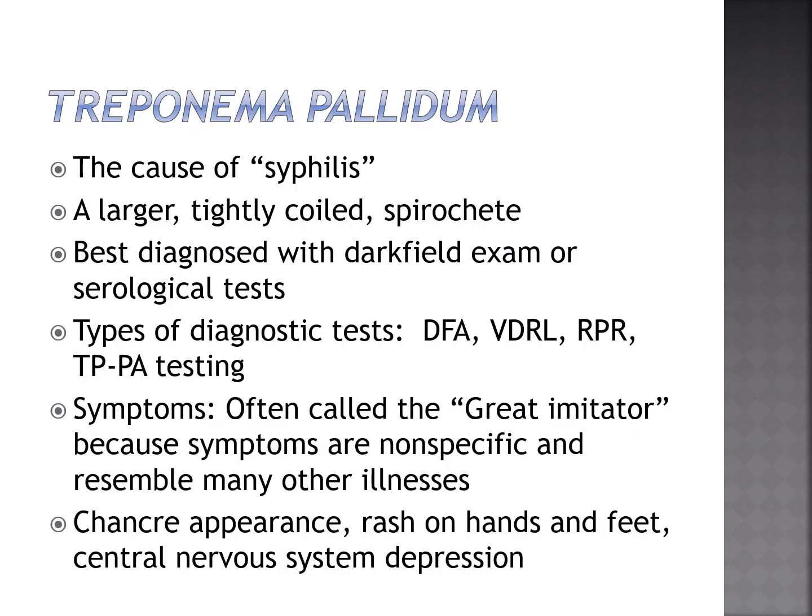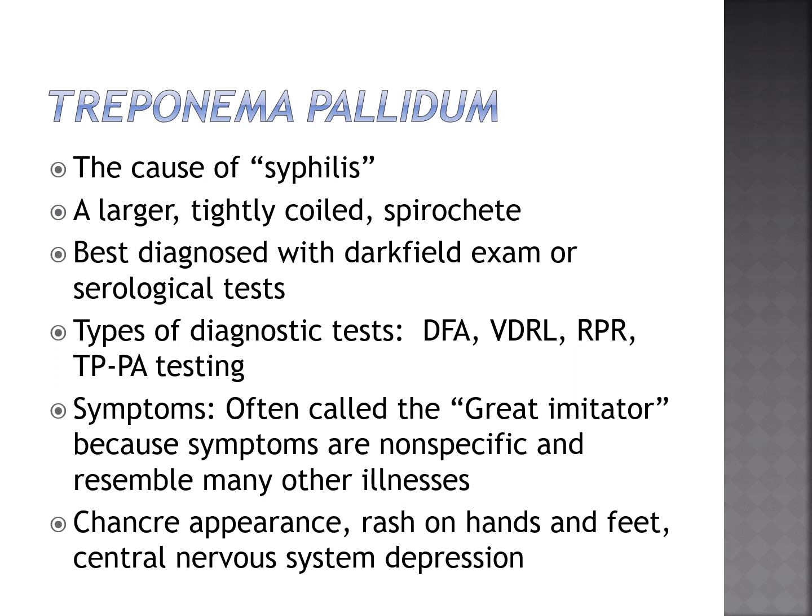12 million people get syphilis every year in the world. There are about 10,000 cases a year in the United States. During World War II, there were approximately 500,000 cases per year in the United States. Treponema pallidum is the spirochete that causes syphilis.